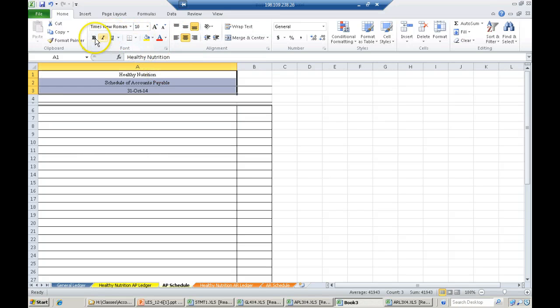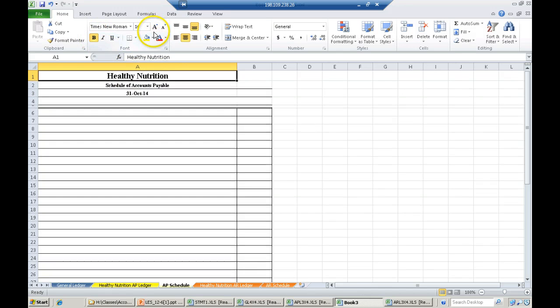We might want to bold these. Notice everything didn't look centered, so I left aligned it and then went back to center. Let's go ahead and bold it. Matter of fact, let's make the company name even bigger, and let's add a color to it, any color. Let's make this red so that we know what it is. It might format the date automatically for you.